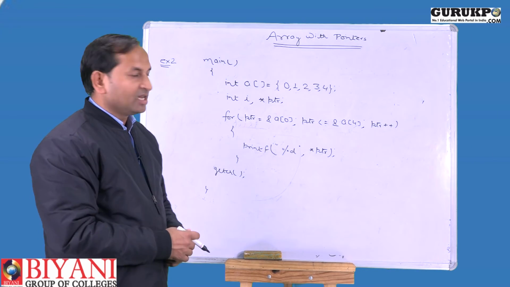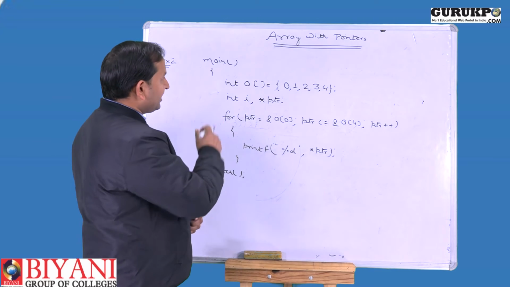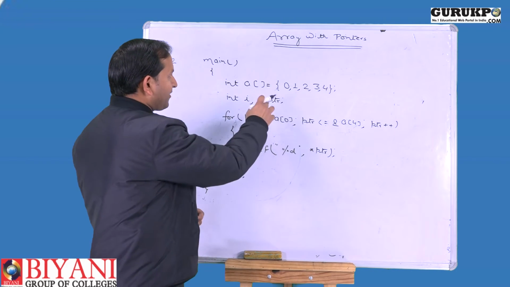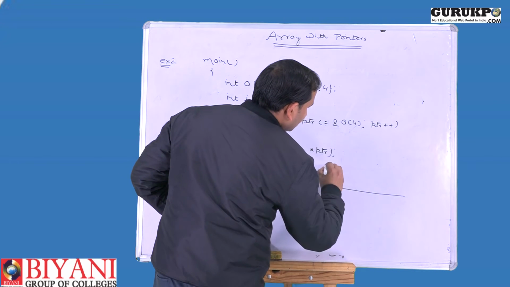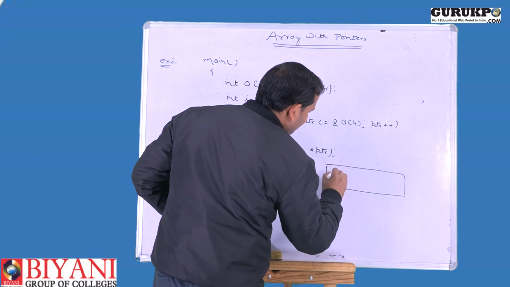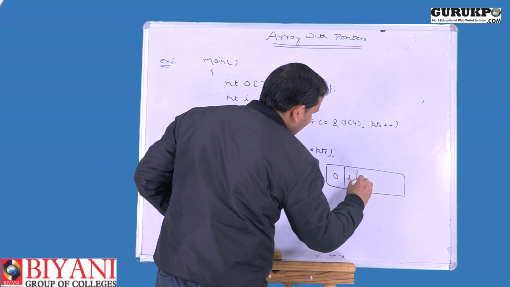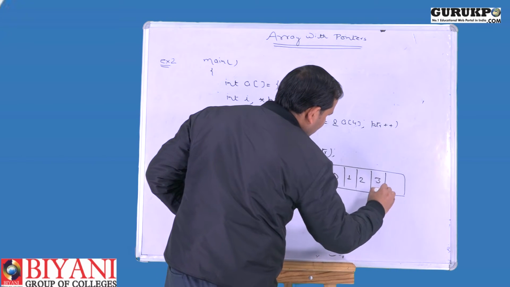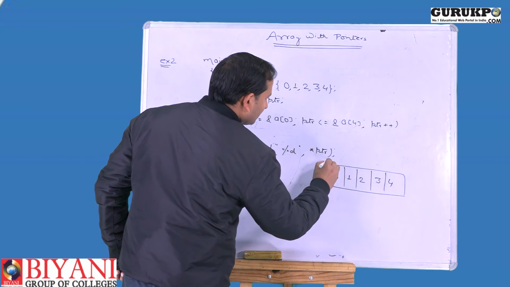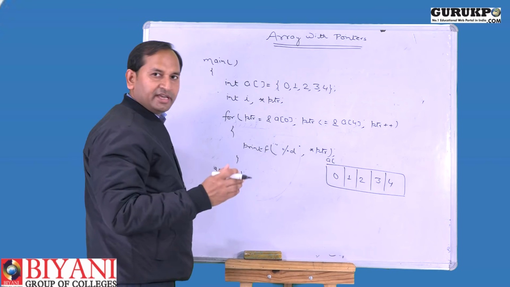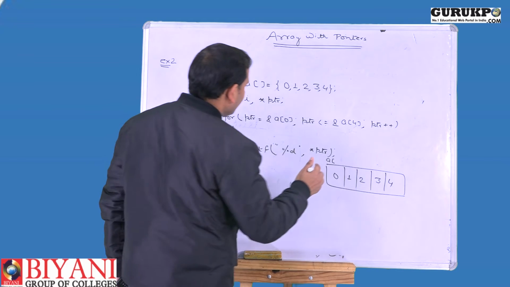Now, let's discuss the second example. In this example, we have an array which contains 5 elements. The values of the elements are 0, 1, 2, 3 and 4. The name of the array is A and indexing begins from 0 onwards.